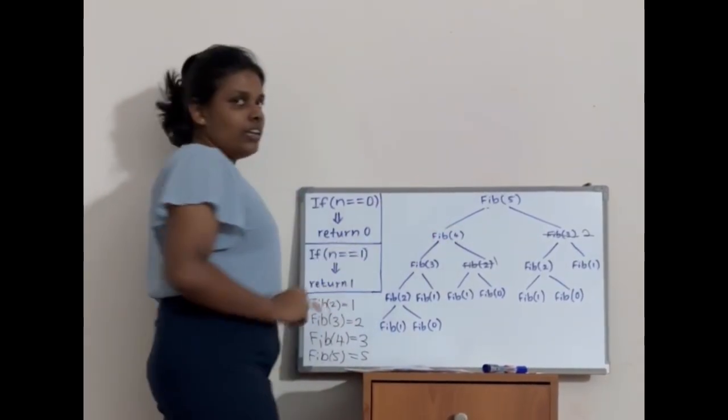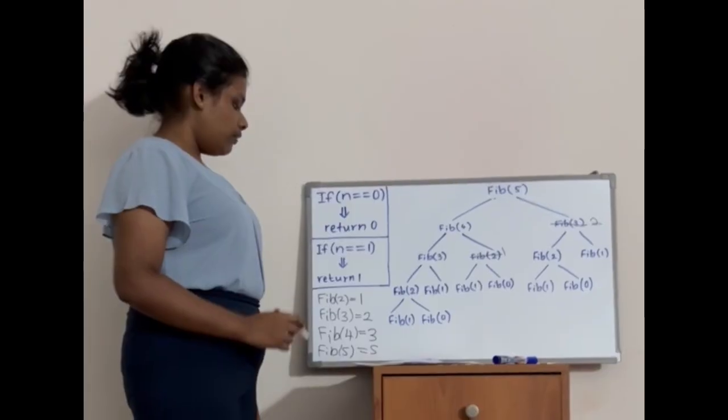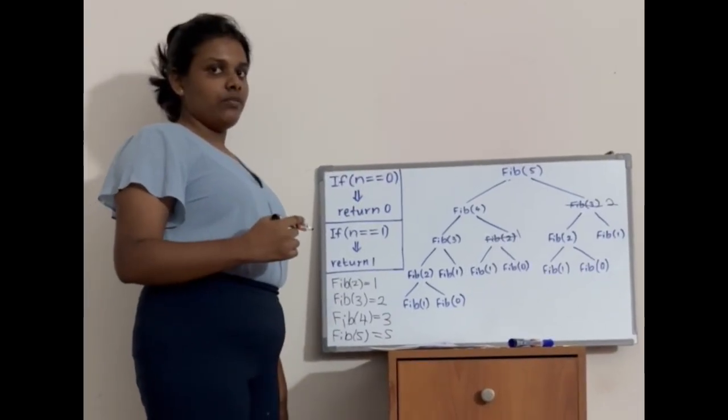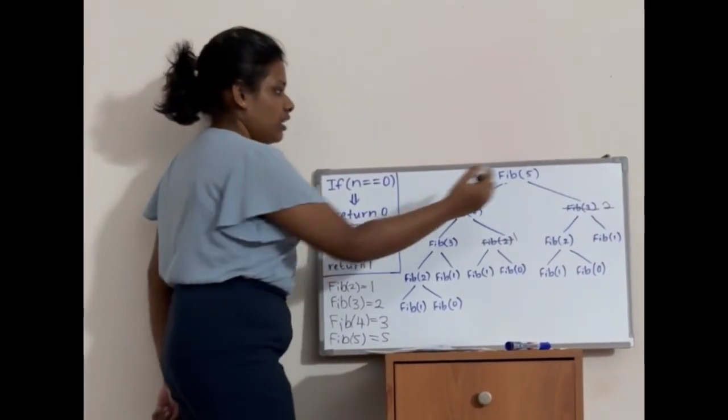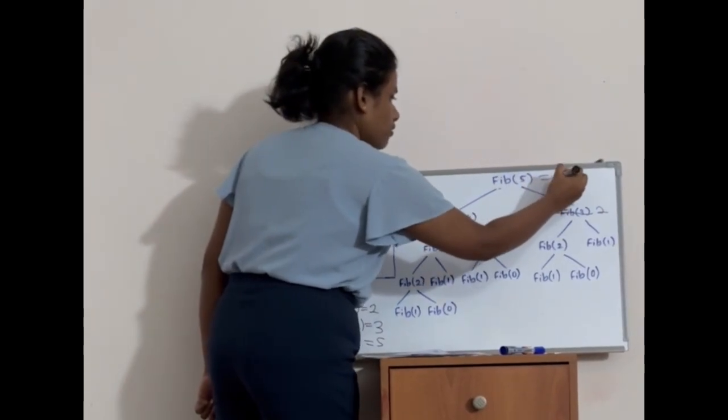So we have finally found the fifth element of the Fibonacci sequence as 5.